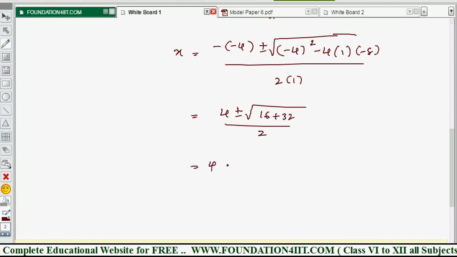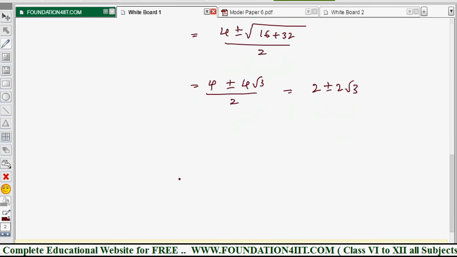That is 4 plus or minus 4 root 3. 16 plus 32 is 48. We can write 16 into 3, then that is 4 root 3, divided by 2. Take 2 common and cancel, then 2 plus or minus 2 root 3. Then there are 2 values here. That is 2 plus or minus 2 into root 3, which is 1.732.